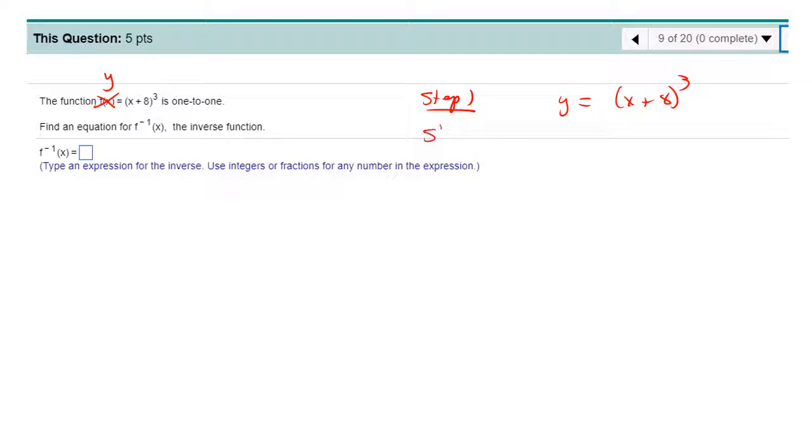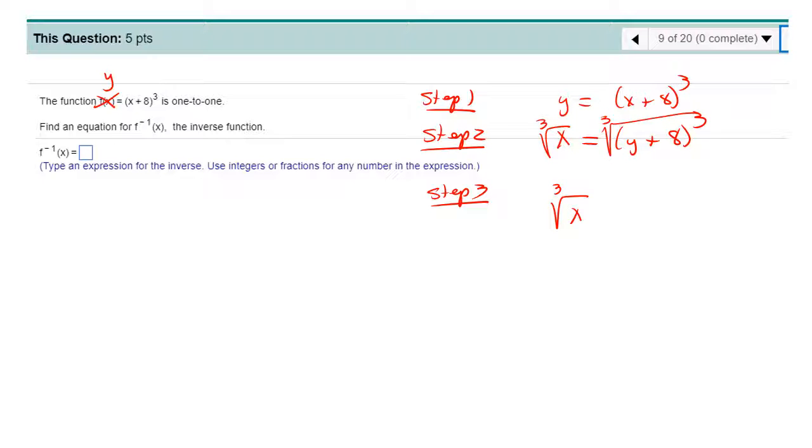Then step 2 is to reverse the position or the location of the x and the y. Now step 3 is to solve for the y. So the first thing I need to do is take the cube root of both sides so that I can get that y term out of that parentheses.